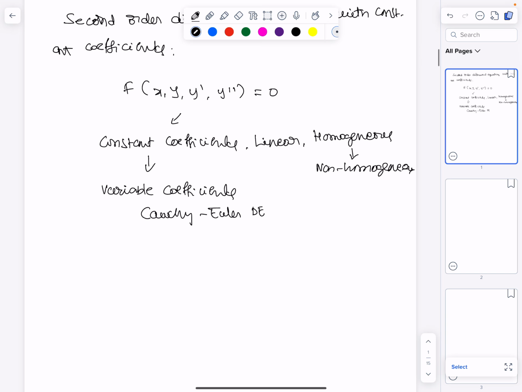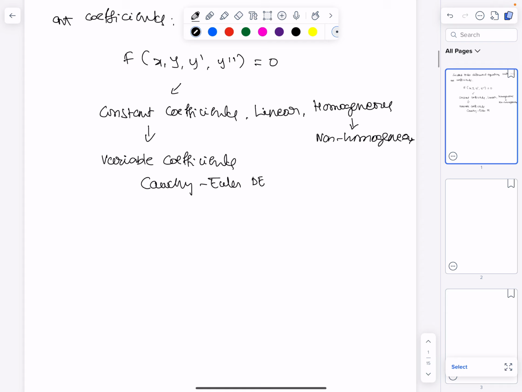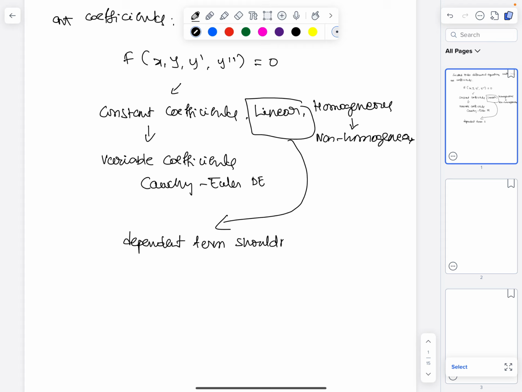So first of all, we will try to understand what the constant coefficients case is. Whenever you have a differential equation which is linear, usually linear in the sense we have already covered in the first lecture: the dependent term shouldn't have a power other than 1.